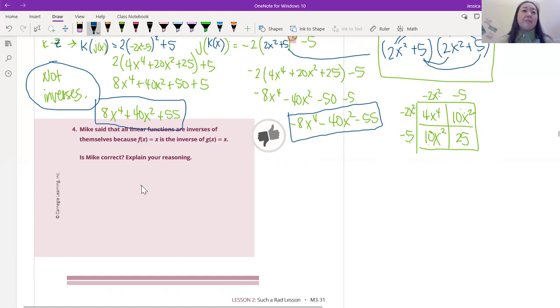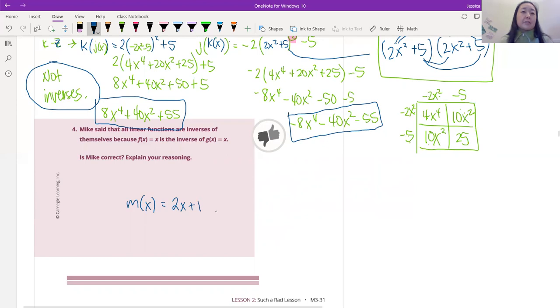So let's say, because he uses f of x here, let's use blue. m of x. Okay, so m of x is equal to, we say it's all linear functions, right? Let's go 2x plus 1 are inverses of themselves.